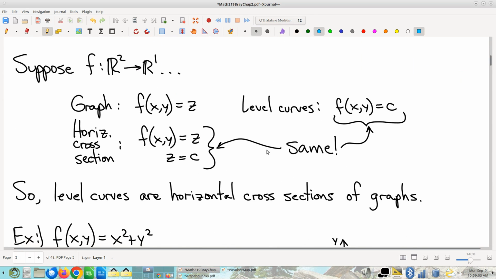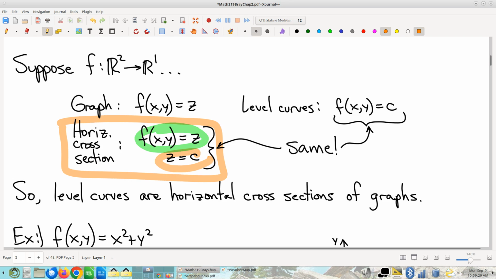So, neat fact, even though level sets and graphs are very different constructions, right? We're looking at completely different kinds of pictures. They are nevertheless related in a nice way, and that is that if you look at how you write down the algebra, this is what a graph looks like. If I were to take a graph and do a horizontal cross-section of that graph, if I were to slice through my graph with a horizontal plane, a horizontal plane would have equation z equals a constant, right?